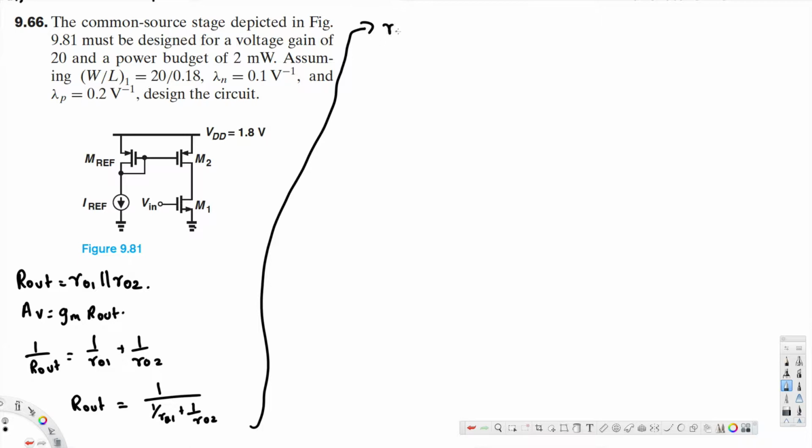Here RO1 is basically 1 over lambda n times ID, and RO2 is basically 1 over lambda p times ID. Now here transconductance can be calculated using this formula. Transconductance for a MOS device is 2 ID divided by VGS minus V threshold.